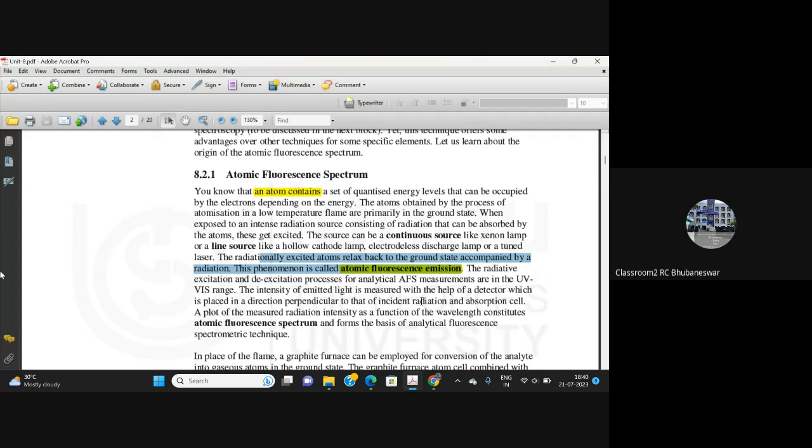Here you are just putting in radiation for the excitation, but in flame photometry, the thermal energy of the flame is enough for the excitation. So the methods of studying, the sensitivity of the methods also vary.